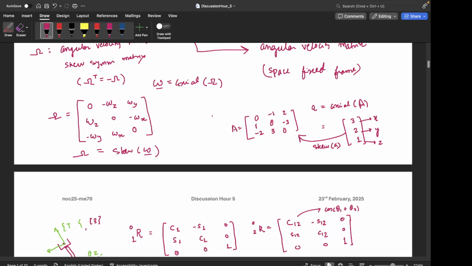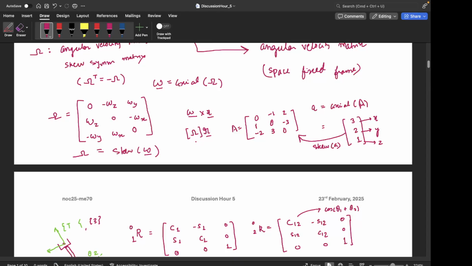The good thing about these is that, going ahead, we will see that we have expressions like omega cross r in kinematics. There, this cross product of two vectors can be very easily written as a matrix multiplication of this matrix and this r vector.